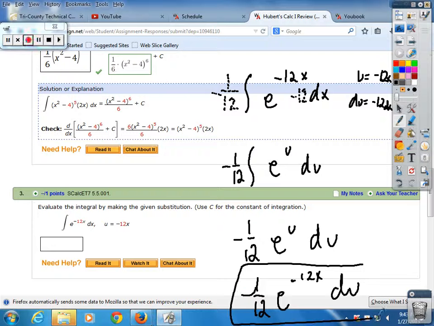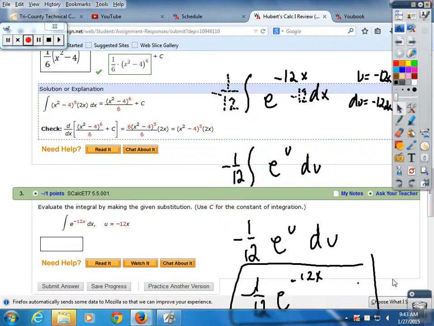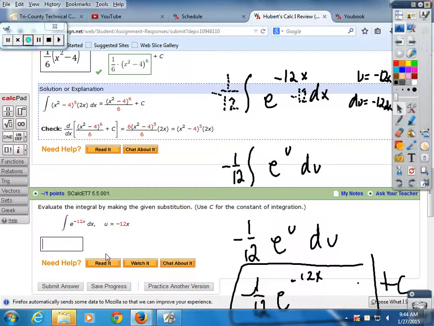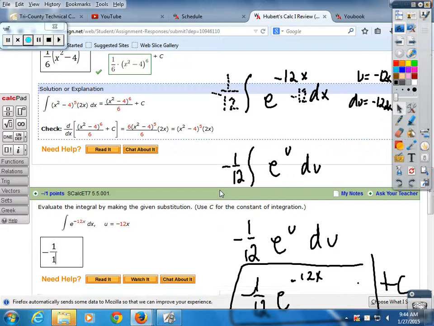I'm sorry, let's see. Can't believe y'all don't want to challenge yourself. That was a challenge. Y'all suck. Negative 1/12. Oh, okay.